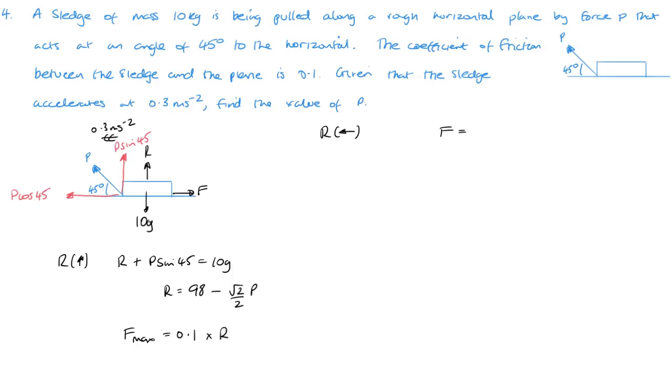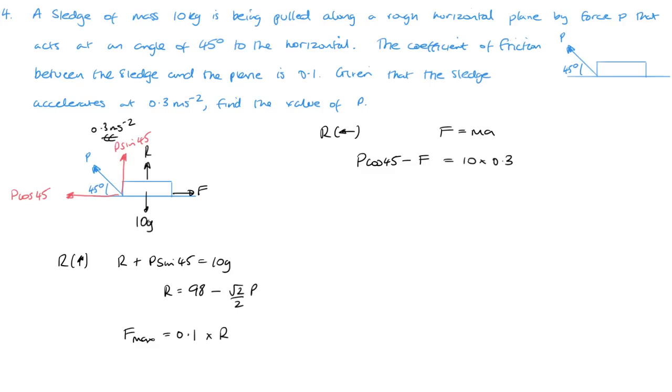So F equals MA. Now going horizontal, we got P cos 45 minus F equals 10 times 0.3, which is the acceleration, isn't it?